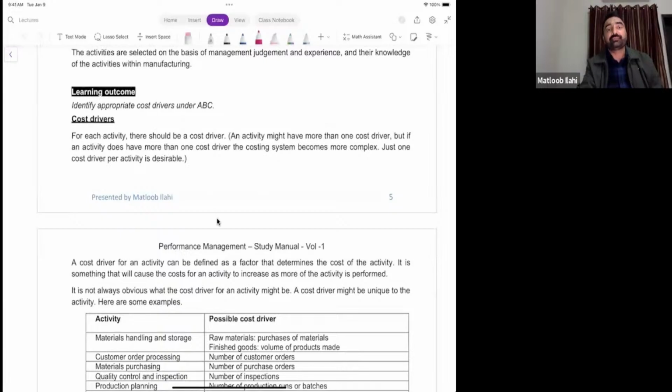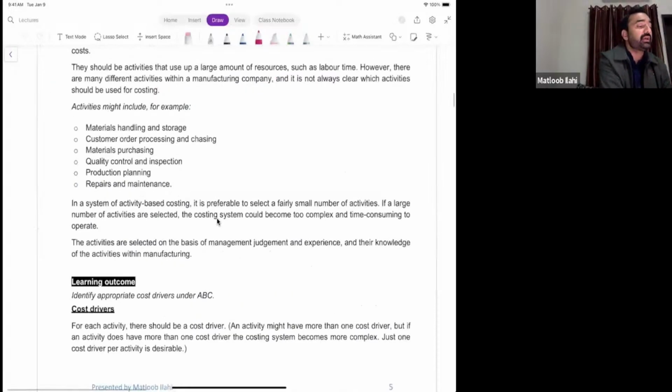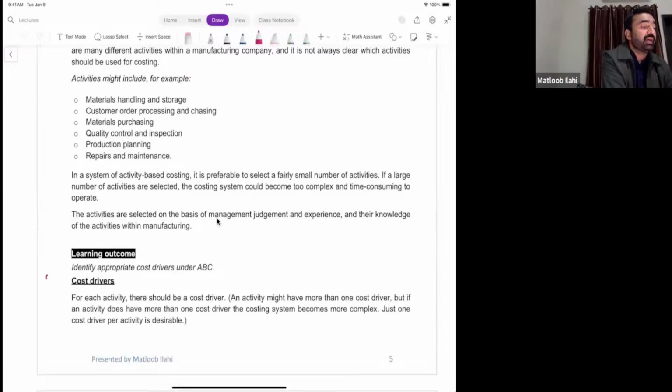Thank you. Next, now let's talk about cost drivers. This is step number 2. The first step was identify activities. Step 2 is now identify cost drivers.